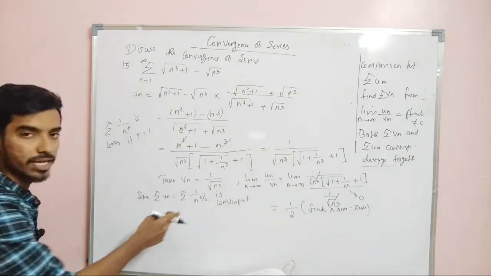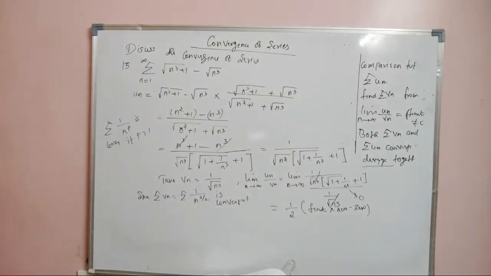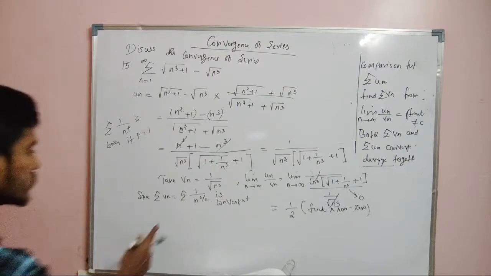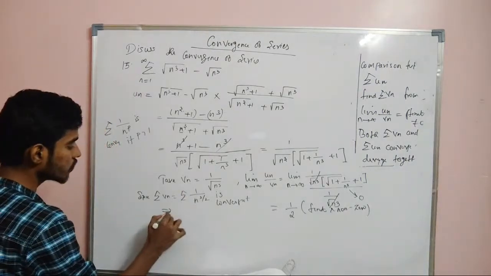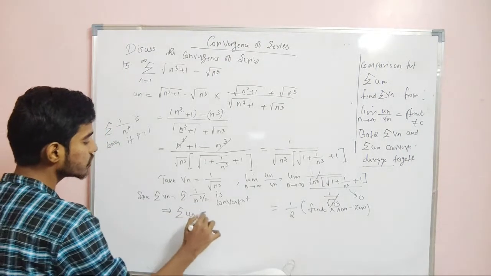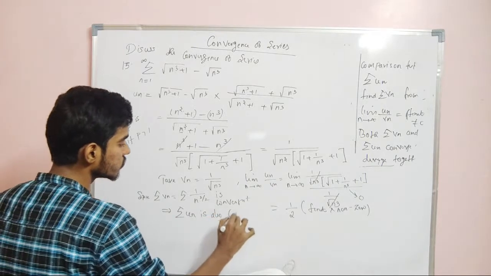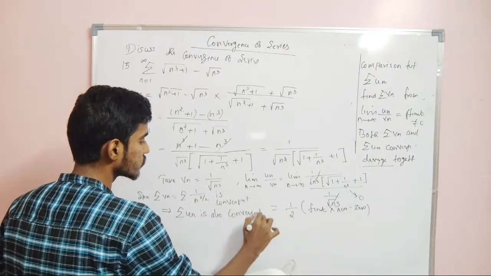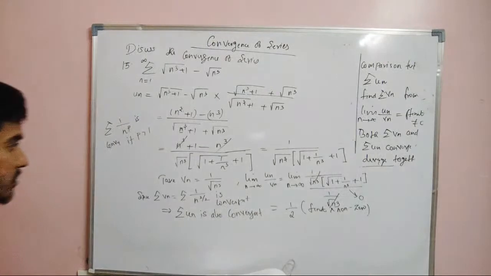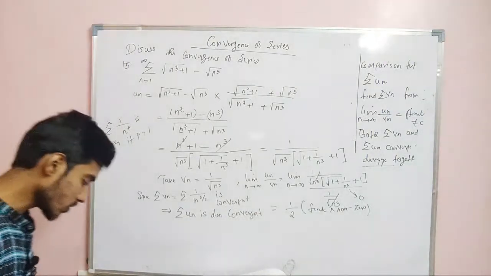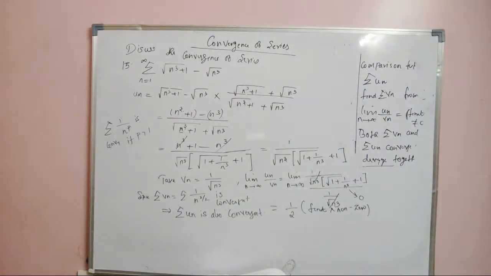So here we have p equal to 3 by 2, which is strictly greater than 1. Therefore the series bn is convergent. So this implies summation un is also convergent. Therefore the given series is convergent, right? Both un and bn behave alike.